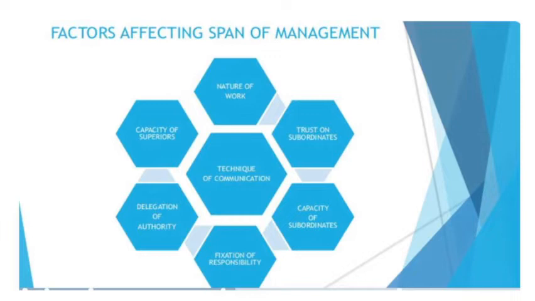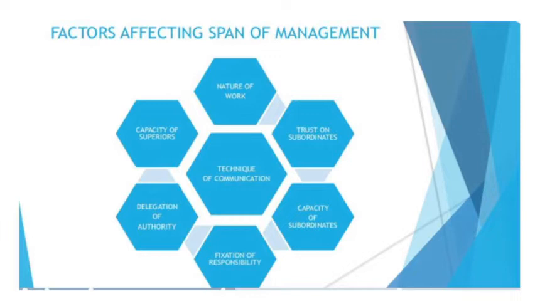Then another one is fixation of responsibility. When we allot subordinates, we ask them to report to the superior. What are their responsibilities? Where to work, when to work, how to work, to whom they have to report, and the reporting method. All these responsibilities we explain to the subordinates, and then we appoint the superior.